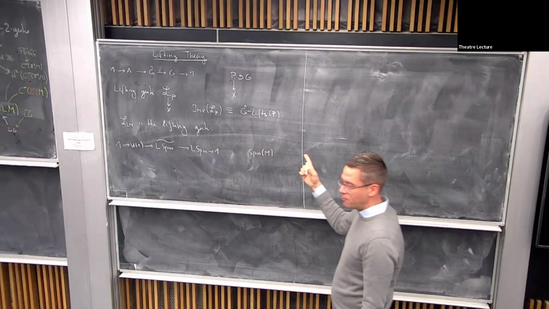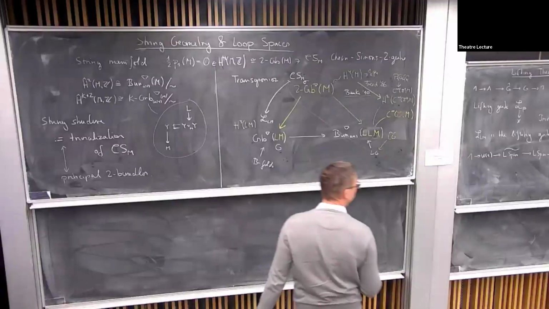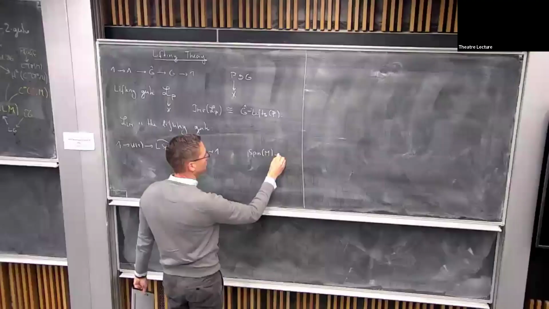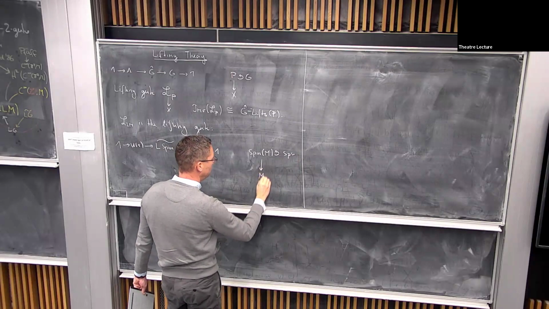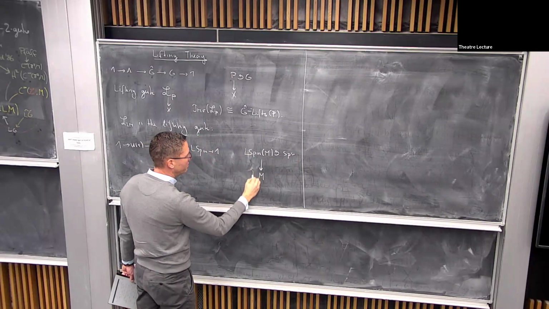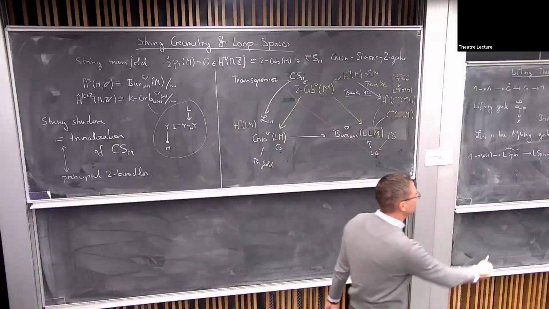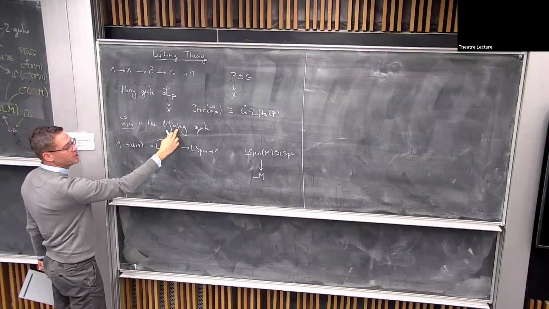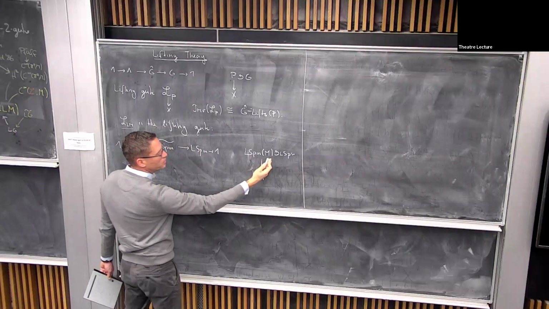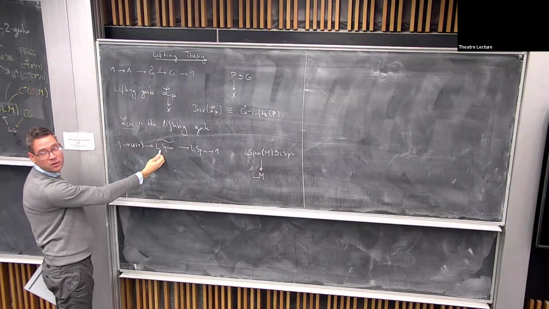M was a spin manifold, so the frame bundle is a spin bundle. And we just take free loops everywhere. And this is an L-spin bundle, and you'll see now it makes sense. So this is the lifting gerb that obstructs lifting the structure group of this bundle to this bigger structure.